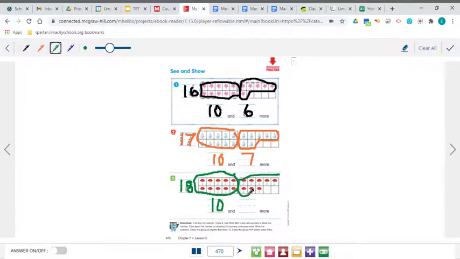So you've got your 8 extra ones over here in your 10 frame. And go ahead and write the number 8. Because when you break down 18, when you take it apart, you get 10 and 8 more. So sometimes we say it's a 10 and 8 extra ones. Now they're saying 18 is 10 and 8 more. It's the same thing.